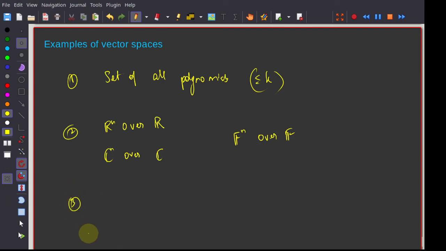What about, say, the set of all differentiable functions on R?